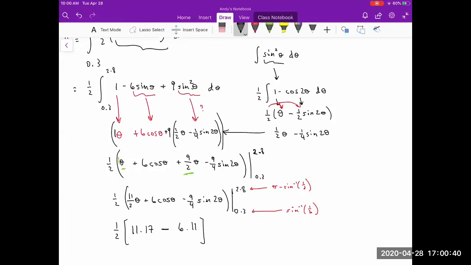And again, this is all approximate because we're approximating the limits of integration kind of heavily. But that's fine. So after subtracting and multiplying by 1/2, here's what I got. 11.17 minus 6.11 is 5.06, divided by 2 is 2.53. So that's what I'm going to stick with here.